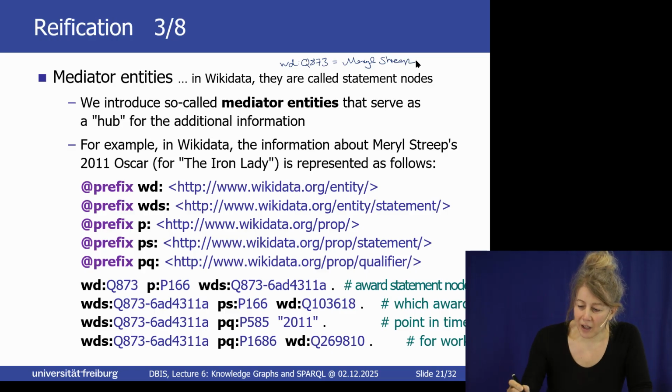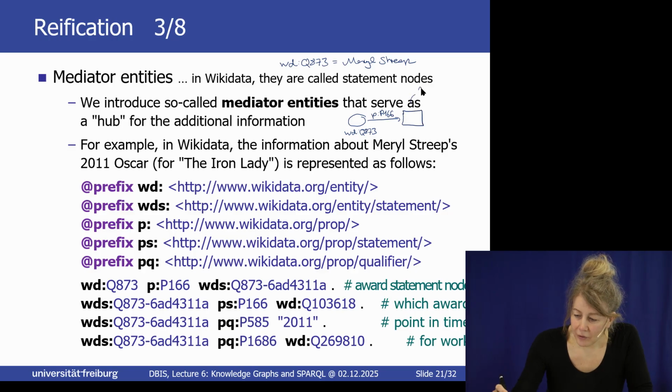And now, so what we do here is, we want to model it as triples. So here we have this WD Q873. Now this points to something with P:(P166), and this is the mediator entity.